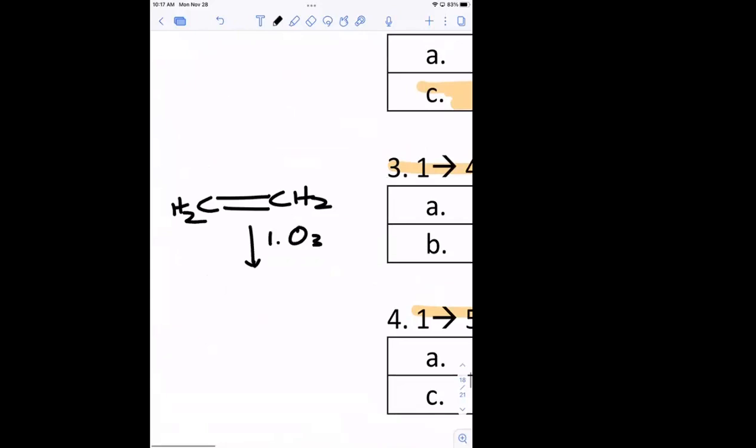And I treat it with ozone and then zinc. Right, each carbon in that double bond is going to get converted into a carbonyl. It's an oxidation method for alkenes.